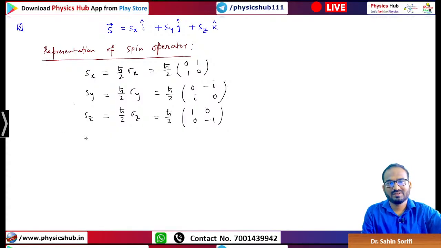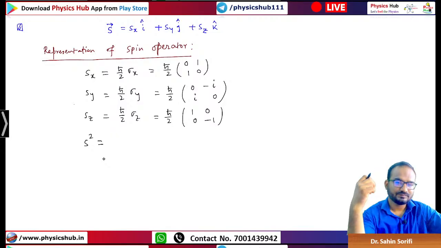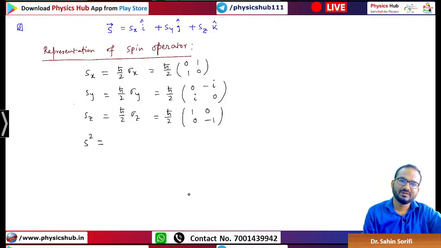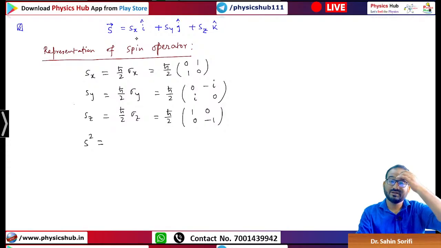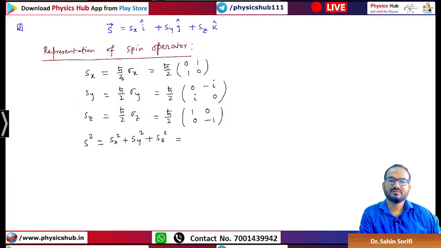Now if I talk about S square, what will be the value of S square? It is Sx square plus Sy square plus Sz square, right? And Sx is equal to h cut by 2 sigma x.